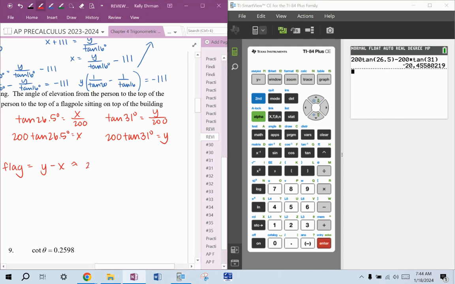So the answer should be 20.456. If I go back and just fix my angles, let's just verify that. 31.0, 26.5. Yeah, okay. So that is 20.456, and that's feet.